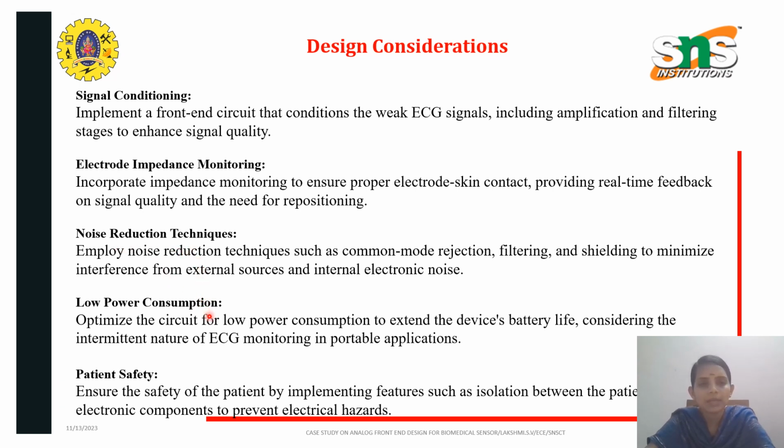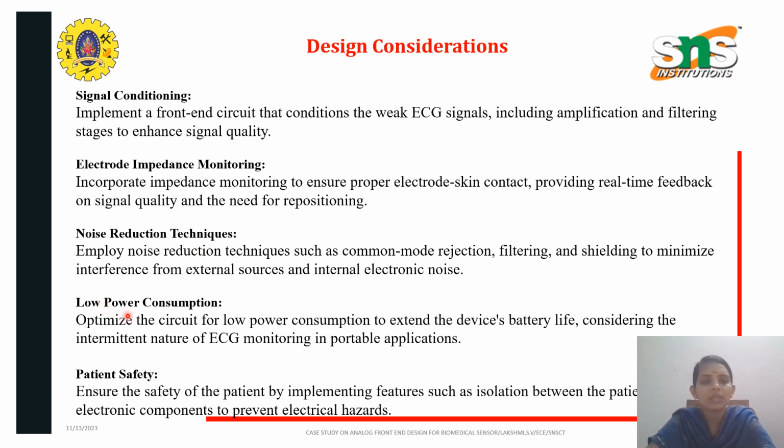The next parameter is noise reduction techniques. Here we have to check the common mode rejection, filtering and shielding in order to minimize any interference from external sources and internal electronic noise. The amplifier should have a high CMRR, that is common mode rejection ratio, which is the ability to reject the common mode signal.